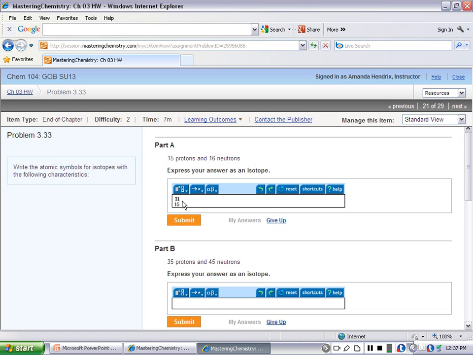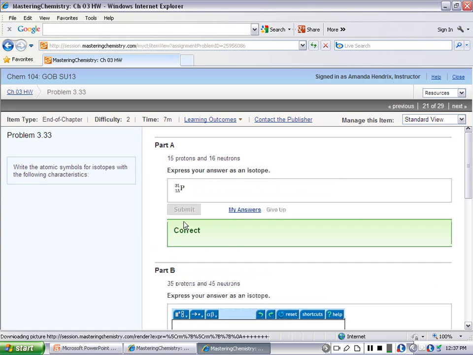So we're going to just click next to it. Now you see that the stacked super subscript is not highlighted anymore, and we write the capital P and submit. Okay, so that is how you use the toolbar to solve for these problems.